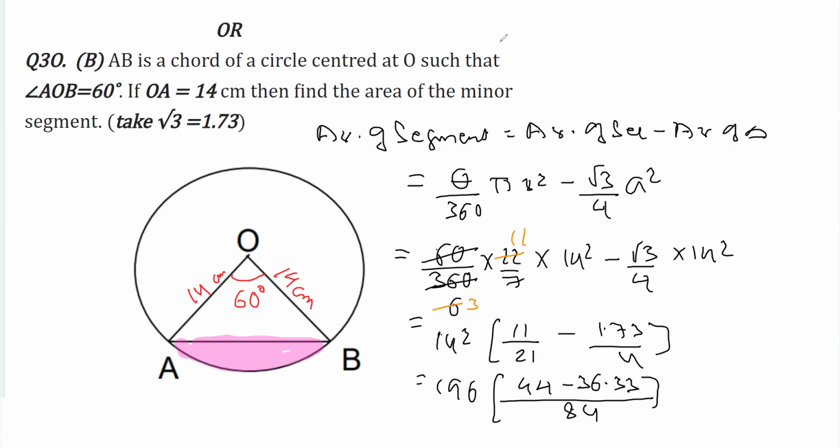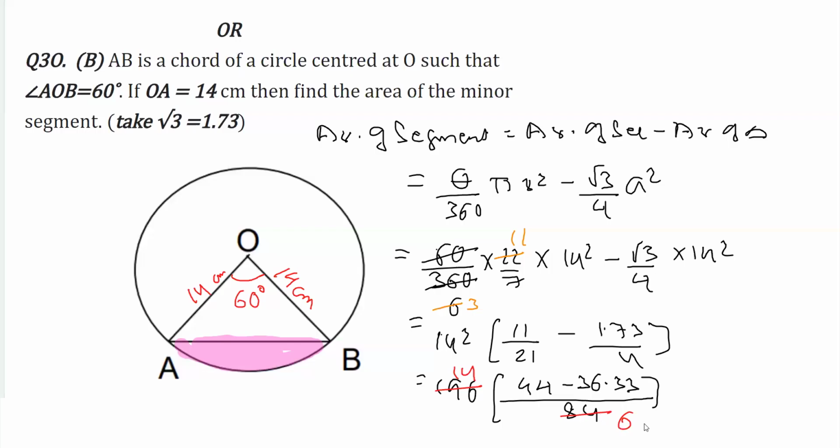Further, I can see these are divisible, 14, 6 times, and this is 14, 14 times. I can reduce it further.